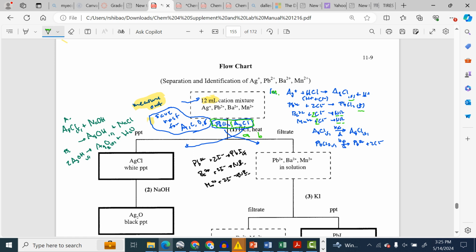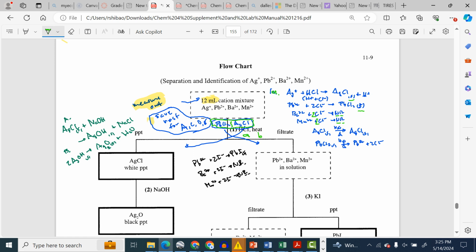So if it's way too cloudy, heat it up for a bit, let it coagulate, and then maybe the top will clear. And then you can see if additional clouds form as you add more HCl. But what you want is complete precipitation, so we do it here. And complete separation means we don't want any lead to escape over here.